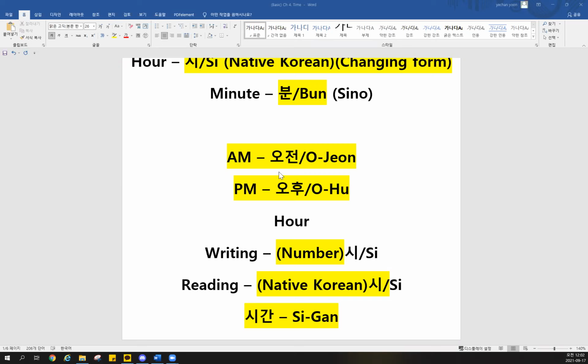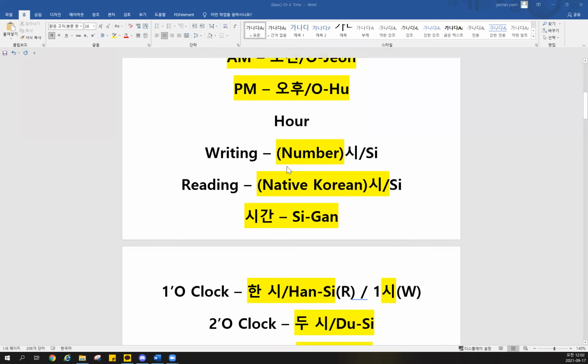Okay, something like this. So as I mentioned before, the hour is gonna be read with the native Korean changing form, and the 시, which is the counting word for reading the hour. But also, if you're using the hour only to read, you will also use some 시간, 시간.